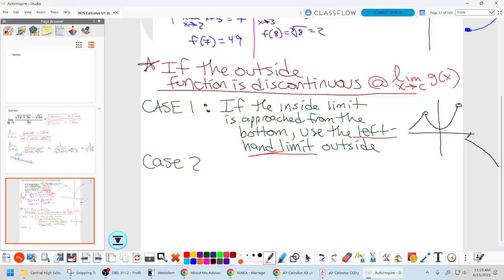I'm making stuff up here. Okay? So, coming in from the bottom, from below, however you want to word that, it's coming in there. Okay? And then we'll say left hand limit here.